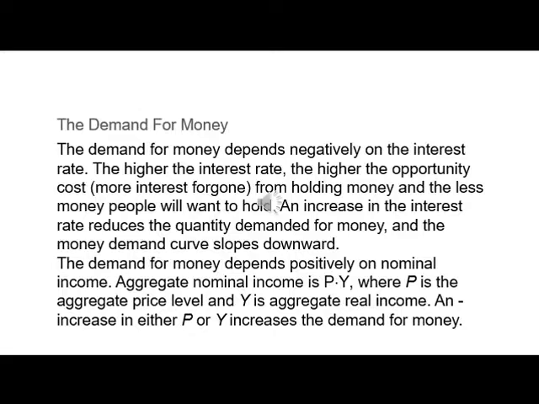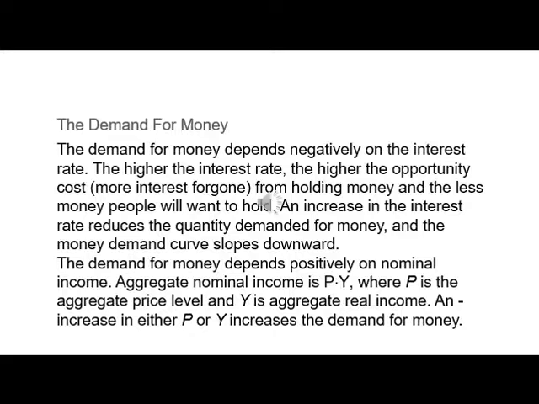The demand for money. The demand for money depends negatively on the interest rate. The higher the interest rate, the higher the opportunity cost, more interest foregone from holding money, and the less money people will want to hold.